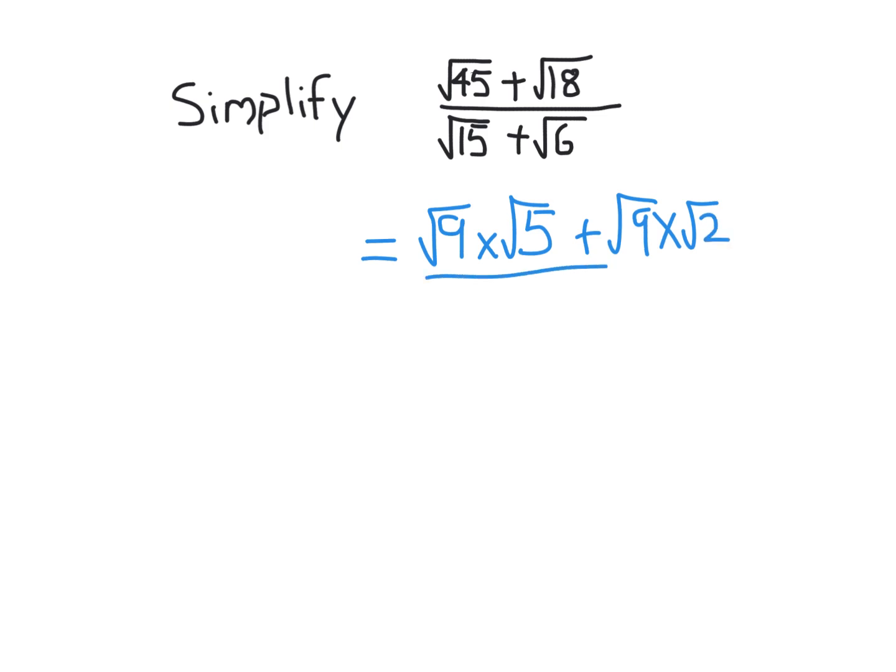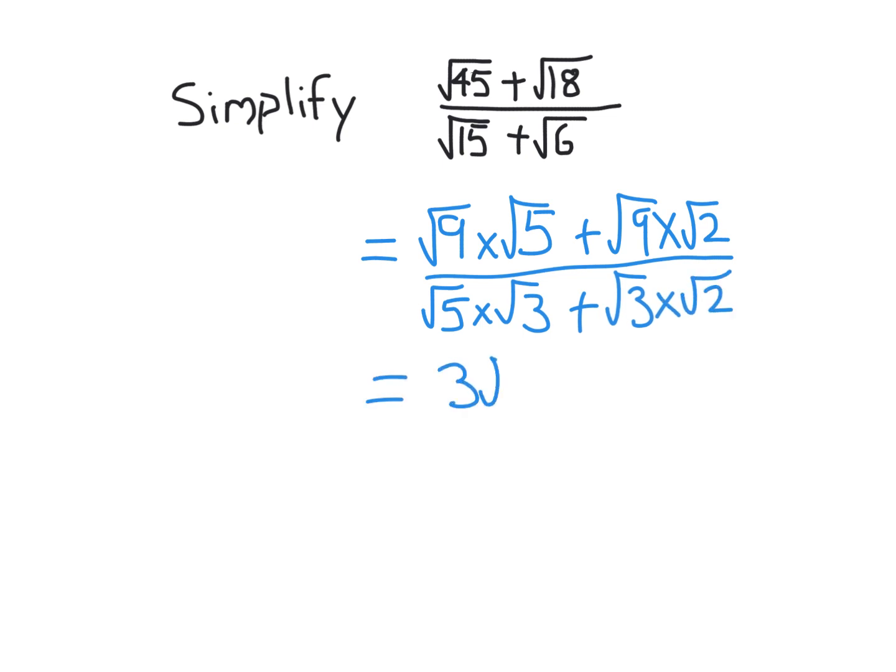All right, so on the bottom, I can't really simplify either of these. Just like fractions, not all surds can be simplified. But I can write root 15 as root 5 times root 3, and I can write root 6 as root 3 times root 2. So on the top, I have 3 root 5 plus 3 root 2, and on the bottom, I have a common factor of root 3.